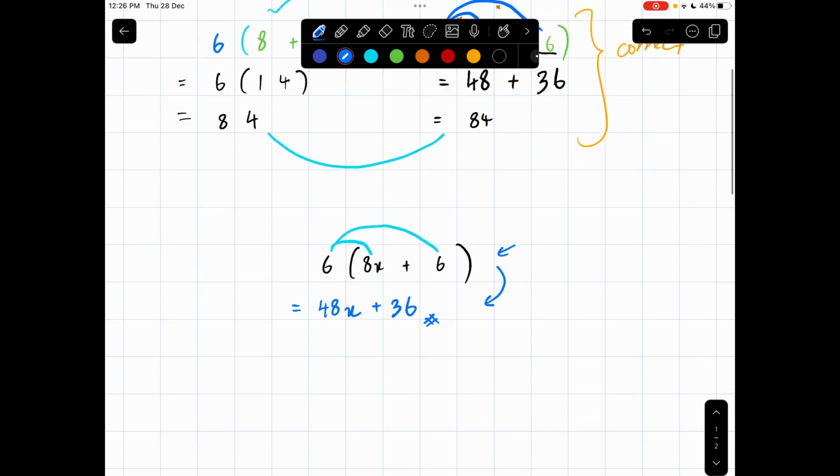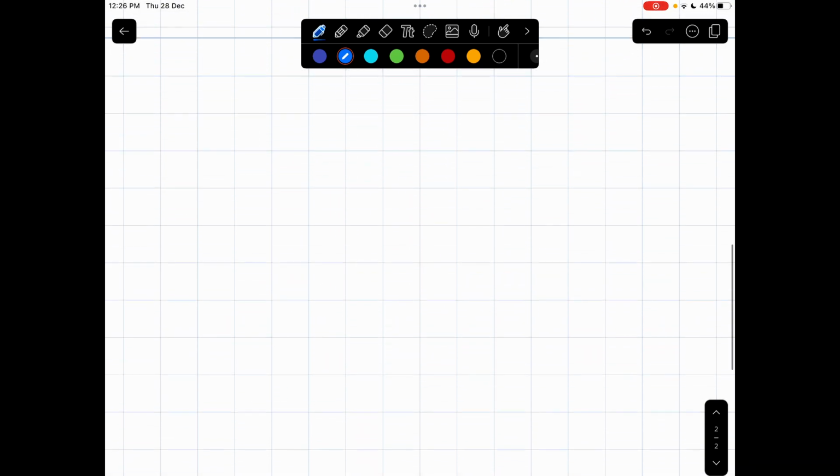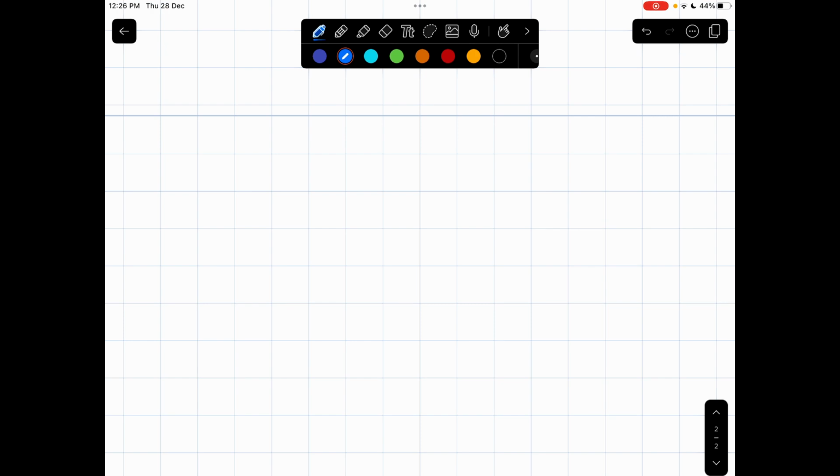And then after expansion, let's move on to factorization. Don't worry, factorization is not as difficult as people say it is. I agree that it's a bit more difficult compared to expansion, but it is not actually that bad.